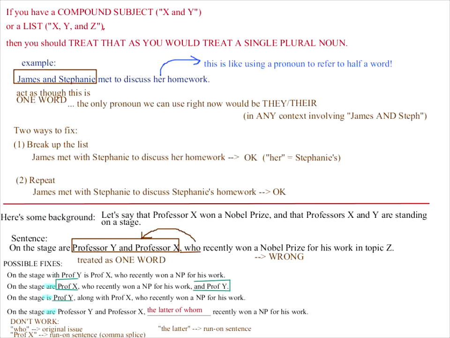Along with is just a modifier. So Professor Y by him or herself is the subject of this one. So along with Professor X, we can just eliminate. So you do that. Okay, any questions about any of this crazy stuff that we have just done?